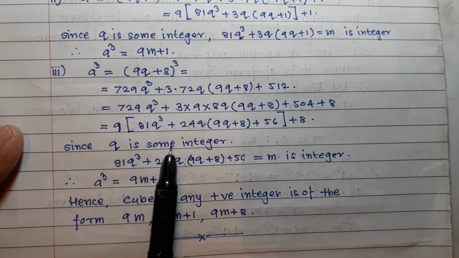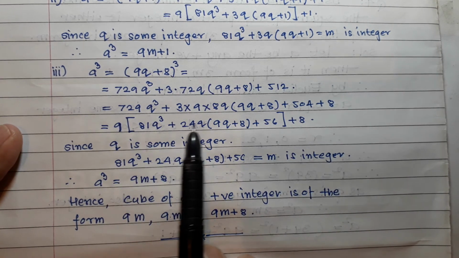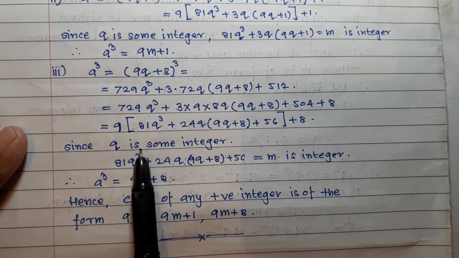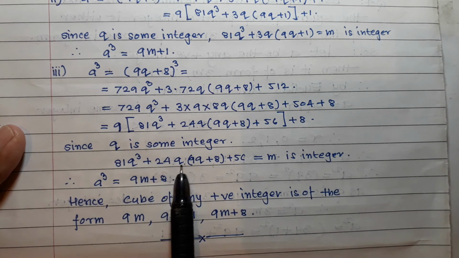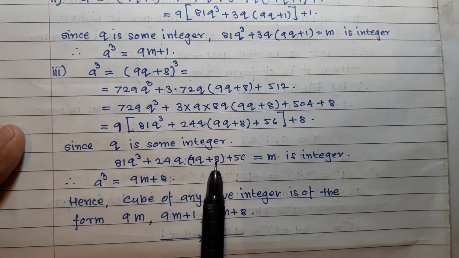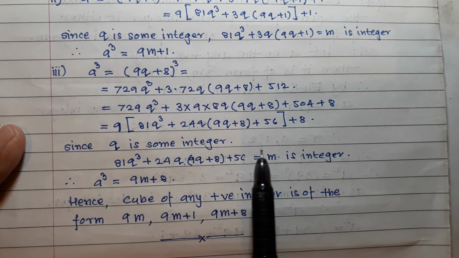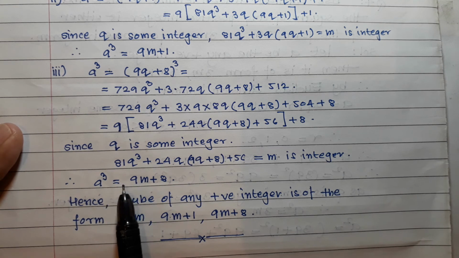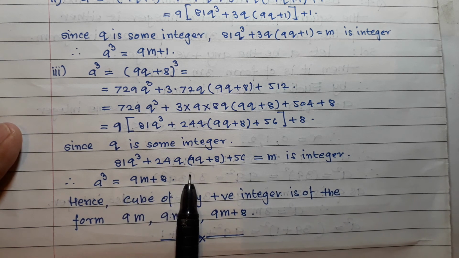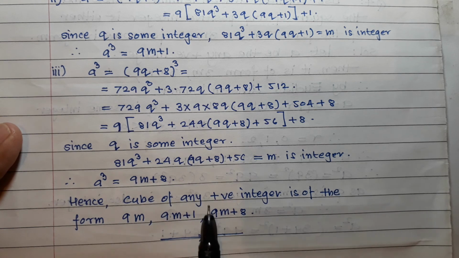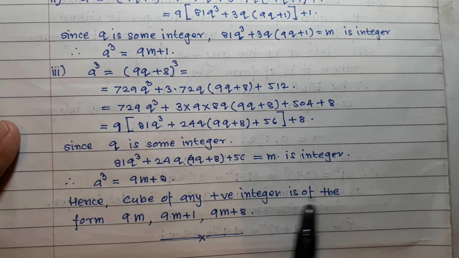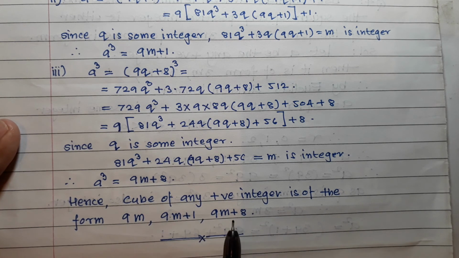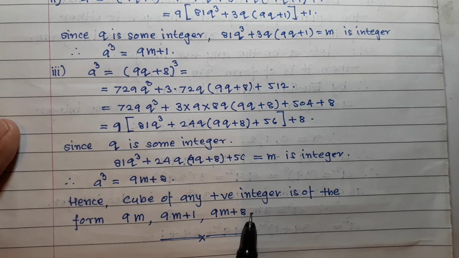And since q is some integer, this bracket is an integer, say m, and therefore a cube is equal to 9m + 8. Hence the cube of any positive integer is of the form 9m, 9m + 1, or 9m + 8.